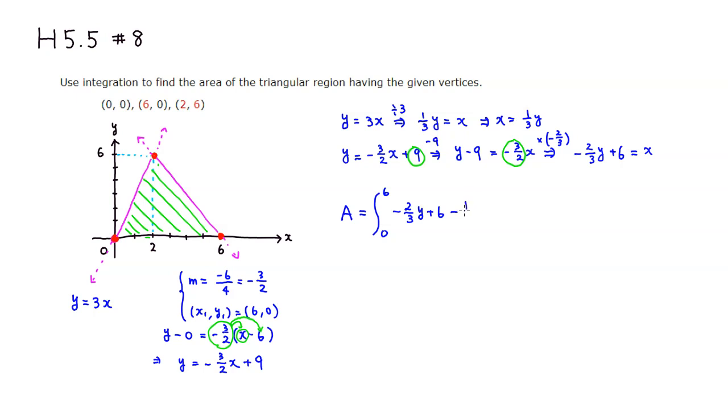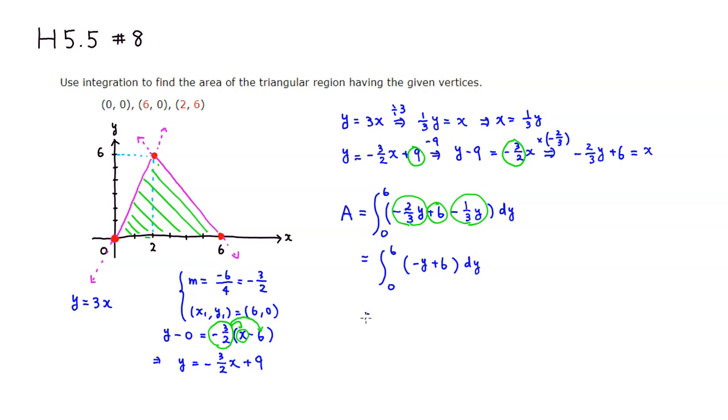So minus 1/3 y, and we do it with respect to y. Let's simplify that. This is equal to the integral from 0 to 6. If you combine y terms, negative 2/3 and negative 1/3, it's kind of nice, you get negative y, and then plus 6, with respect to y.